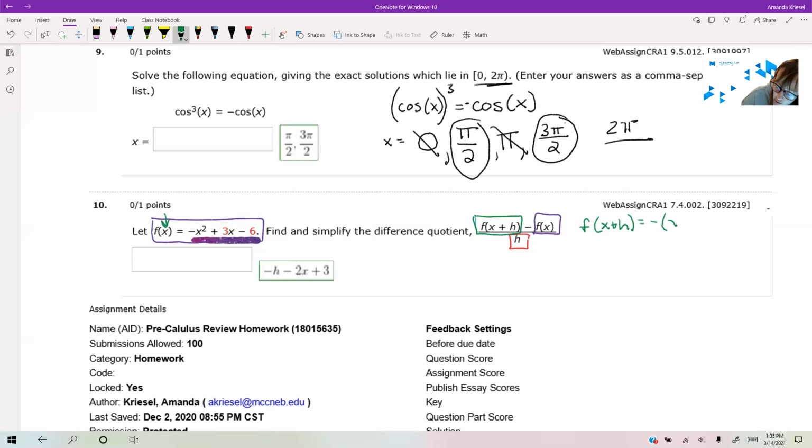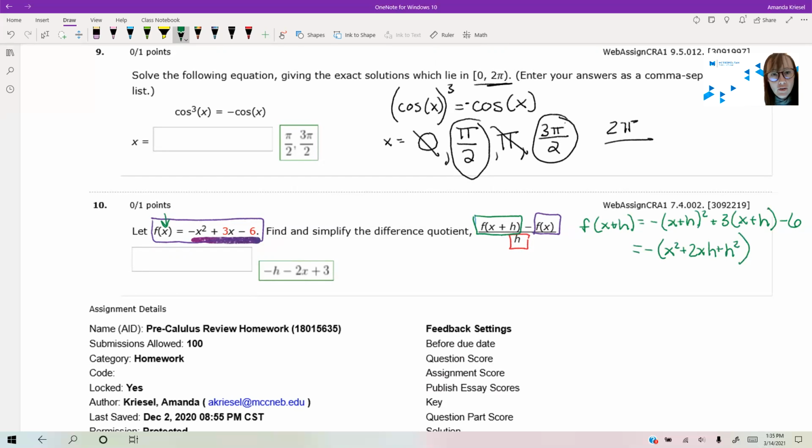I have that negative out front, and x plus h quantity squared plus 3 times the quantity x plus h minus 6. Order of operations says apply the exponent first. X plus h times x plus h, we're going to FOIL or distribute, however you want to think about that, and we get x squared plus 2xh plus h squared.